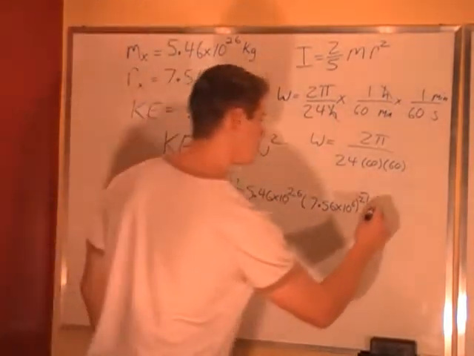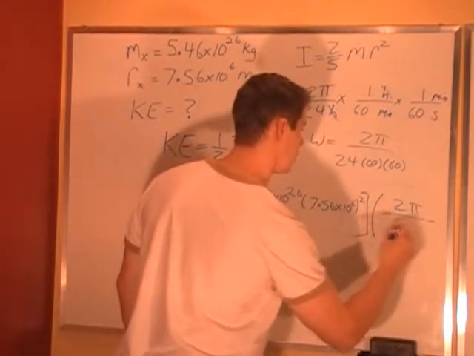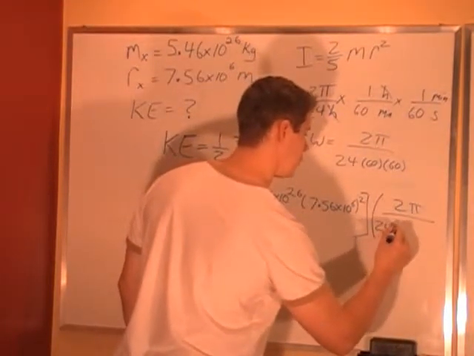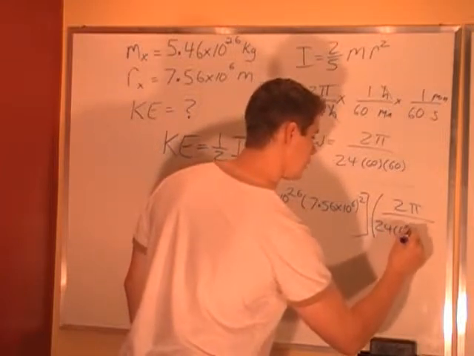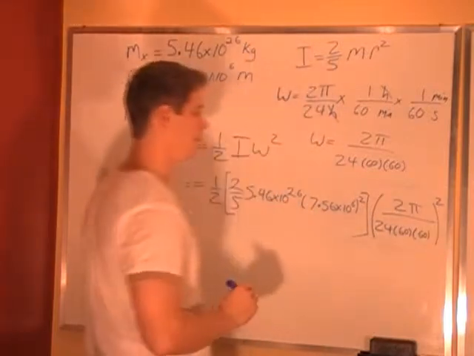So this, 2 pi over 24 times 60 times 60, all squared.